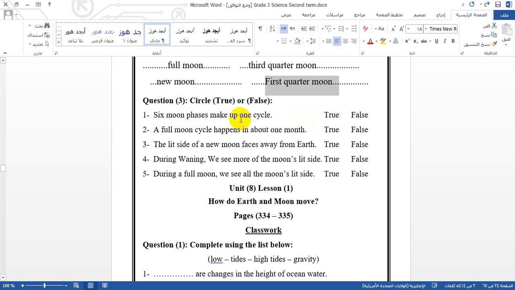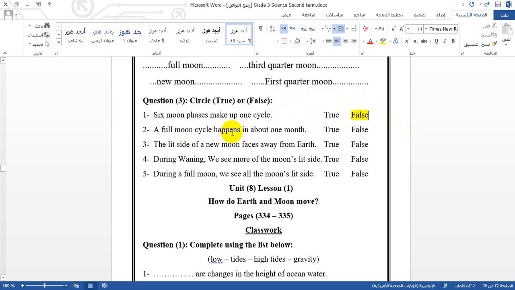Is it 6 phases exactly, or more than 6? It's 8. Okay guys, it's 8, not 6. So for that reason we have to write here false. Circle the false word.